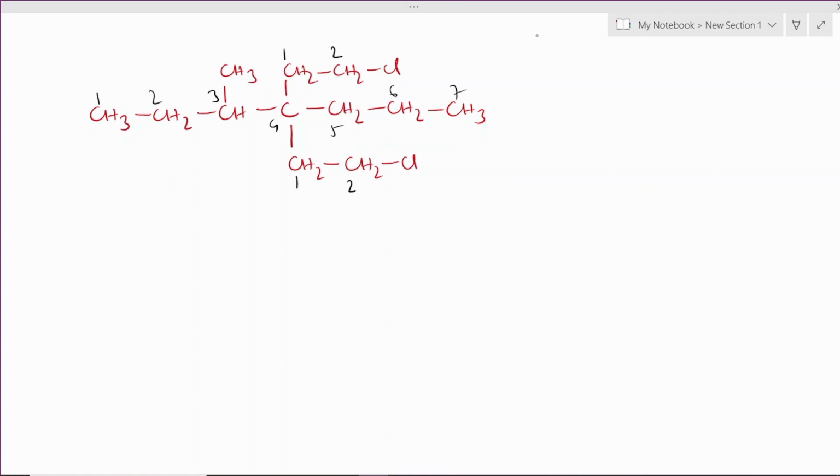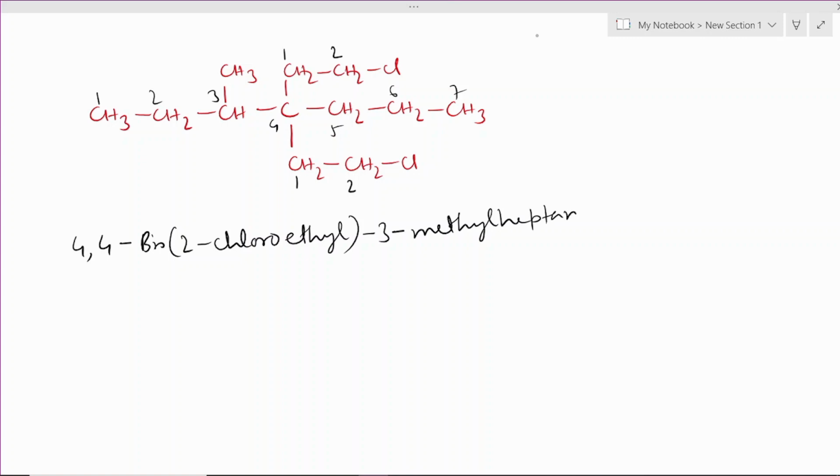So the IUPAC name will be 4,4-bis(2-chloroethyl)-3-methylheptane. Here there is a hyphen, because this final bracket is followed by a locant. That is why the hyphen is there.